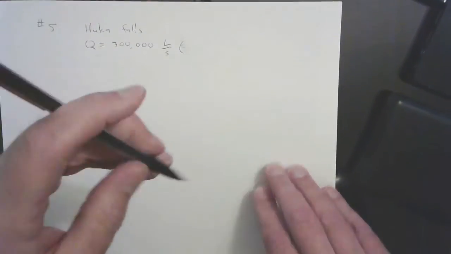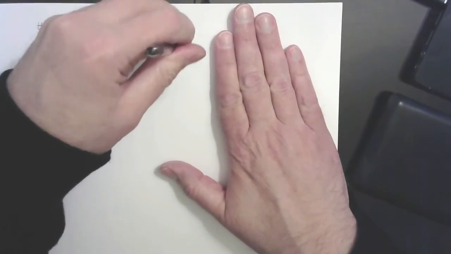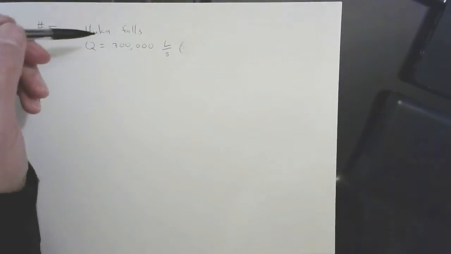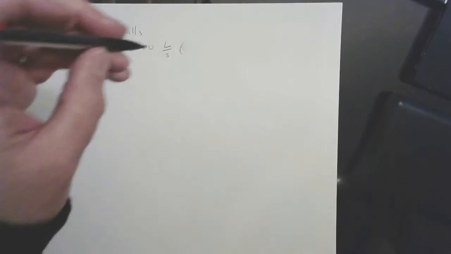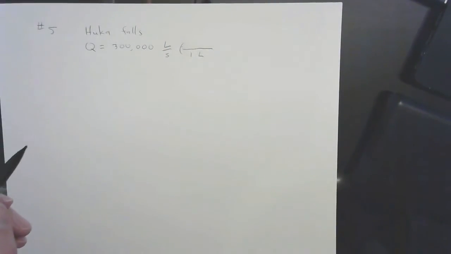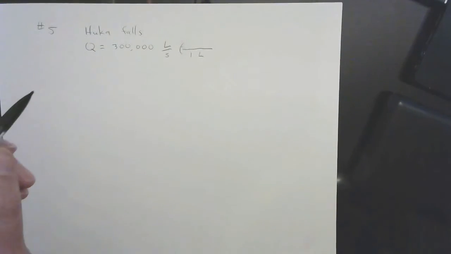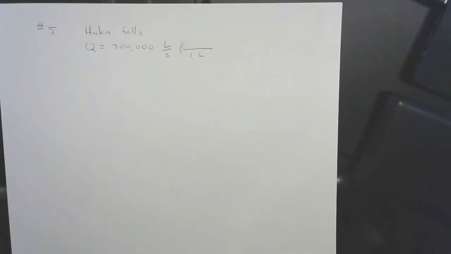What is the unit anyway for rate of flow? This liters should be cubic meters. You may recall that 1 liter is defined as a cube of 10 centimeters on a side.